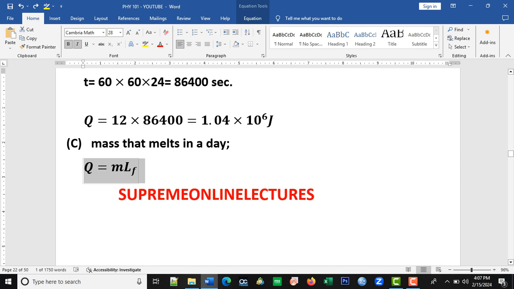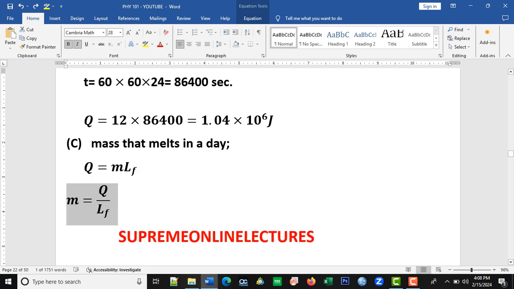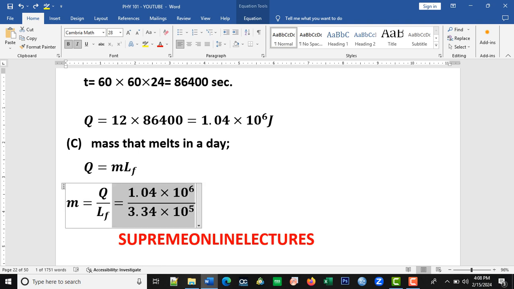We already have Q here, which is 1.04 times 10 to the power 6 joules. We are to find the mass, but latent heat of fusion is a constant, which is of the order 3.34 times 10 to the power 5. Making m the subject, from this expression we have m equals Q over L_F. Then we substitute the values into that expression and we get the final answer.